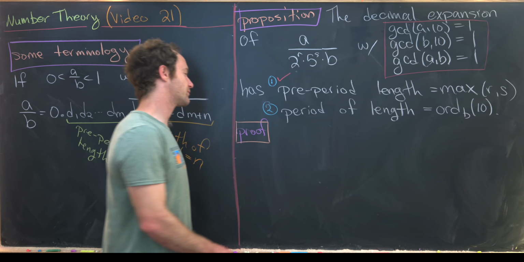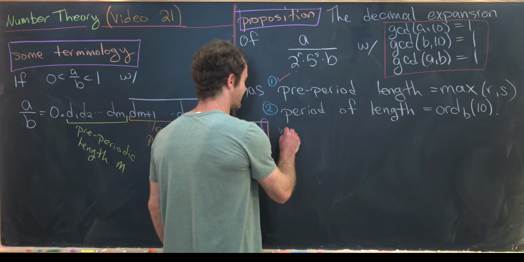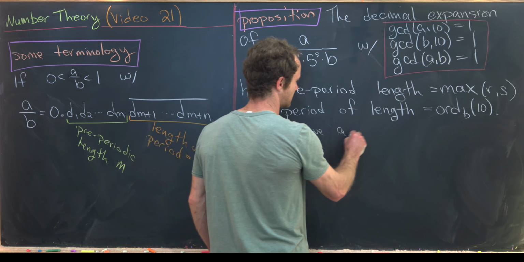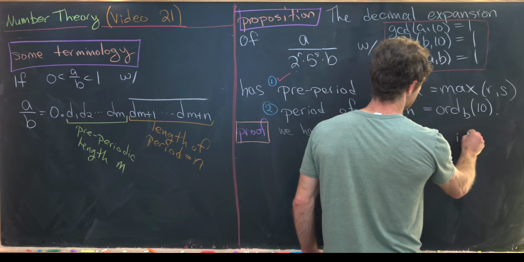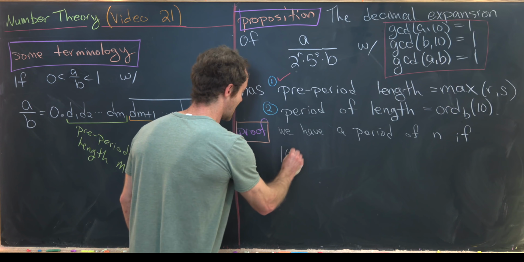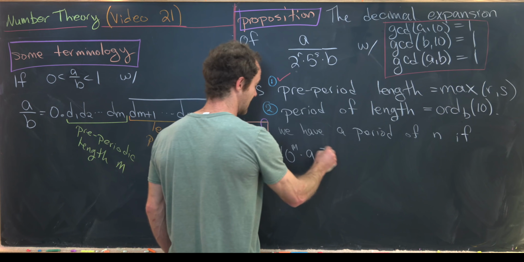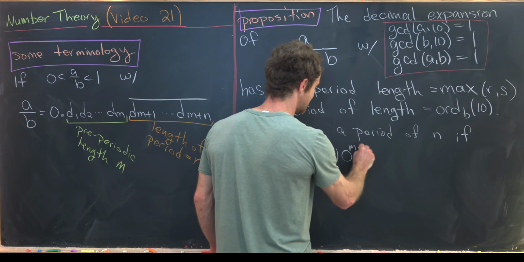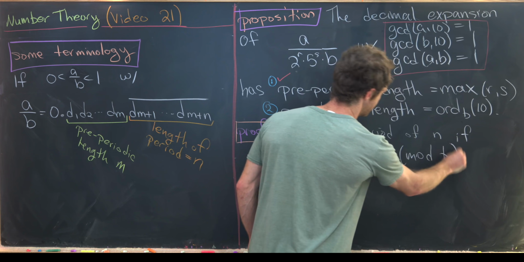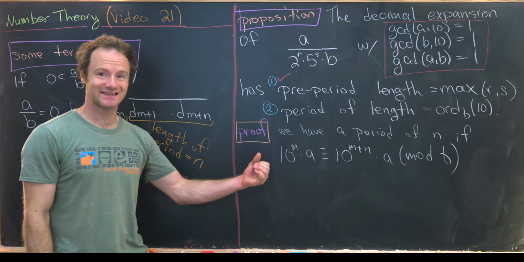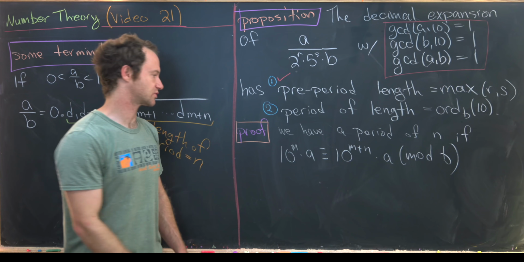Okay, so from the previous proof, we have a period of n if we had 10 to the m times a congruent to 10 to the m plus n times a modulo b. So that's just a step which has been plucked out of the last proof.